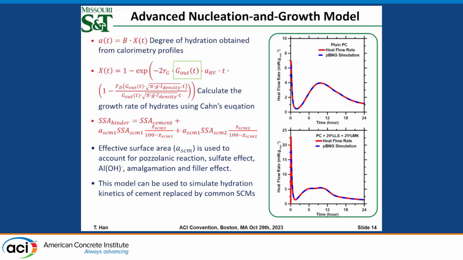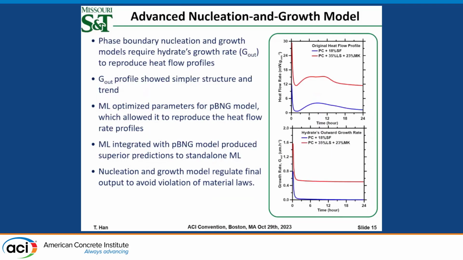But for the fly ash, we know we have a lot of sulfide that can retard hydration, so we set the effective surface area at 0.2 or 0.3, depending on the sulfur content. So that can eliminate some area to grow nuclei, so that can compensate the chemical effect here. Now let's talk about machine learning models here.